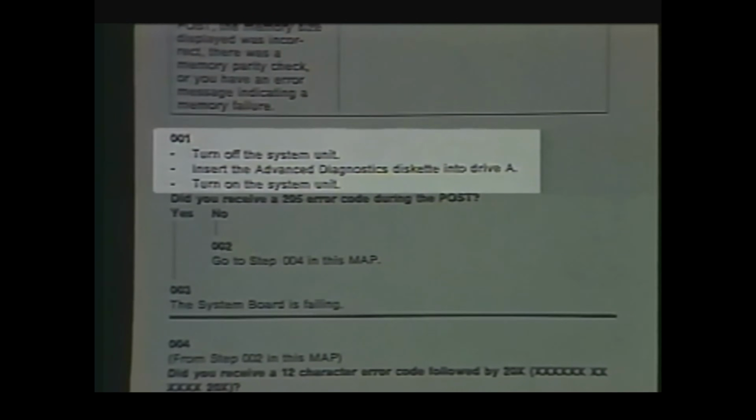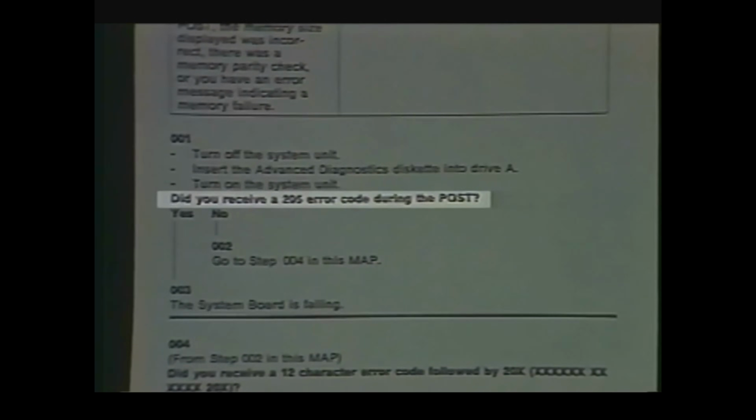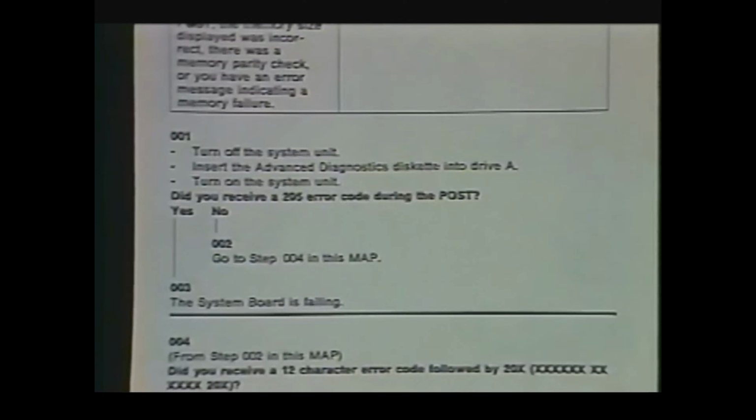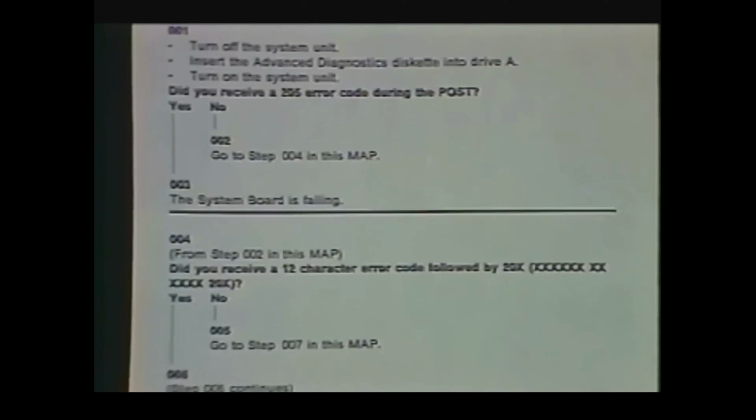The question in step 1 asks us if we received a 205 error code during POST. The error code we received was a 201, so we answer this question no. The no leg of the map tells us to go to step 4 of this map.